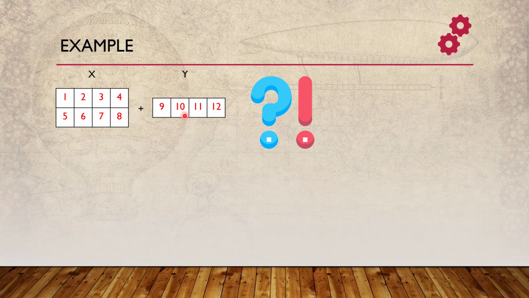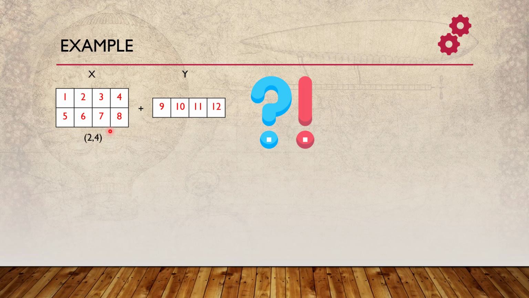If we can somehow make y the same shape as x, the lower dimensional tensor the same shape as the higher dimensional tensor, then we'll be able to add these two together.